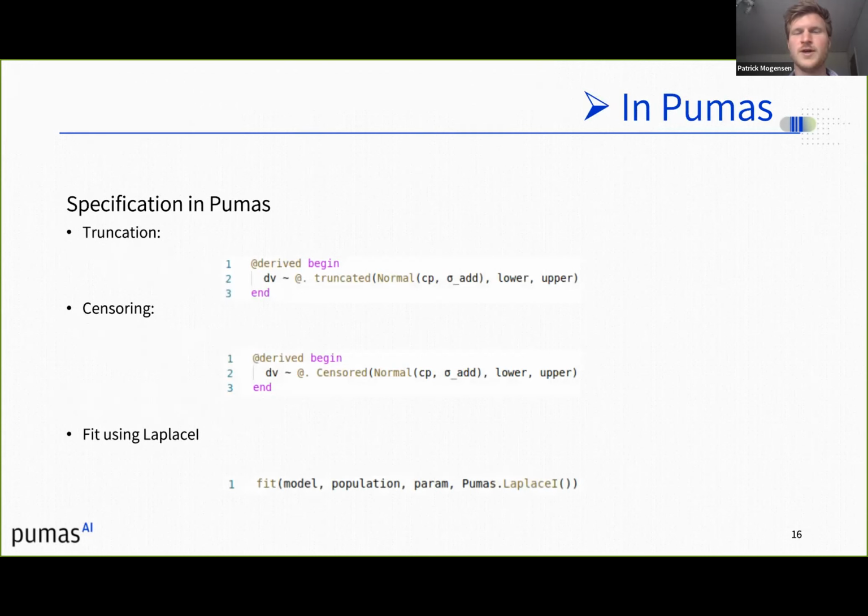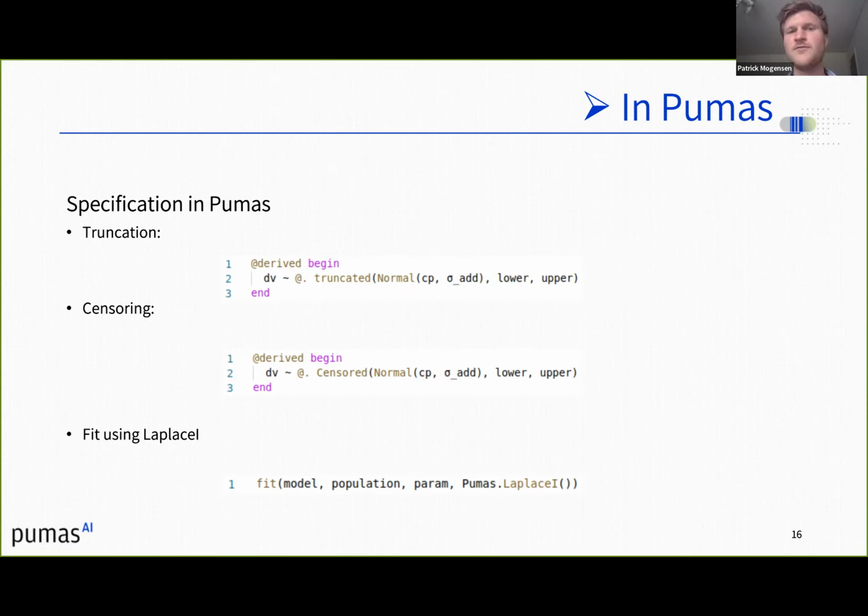Okay, so as I said earlier, in Pumas, we generally like to keep the naming and the way that you write things very close to the math of it or the statistics of it. And the same thing goes for these missing data models.